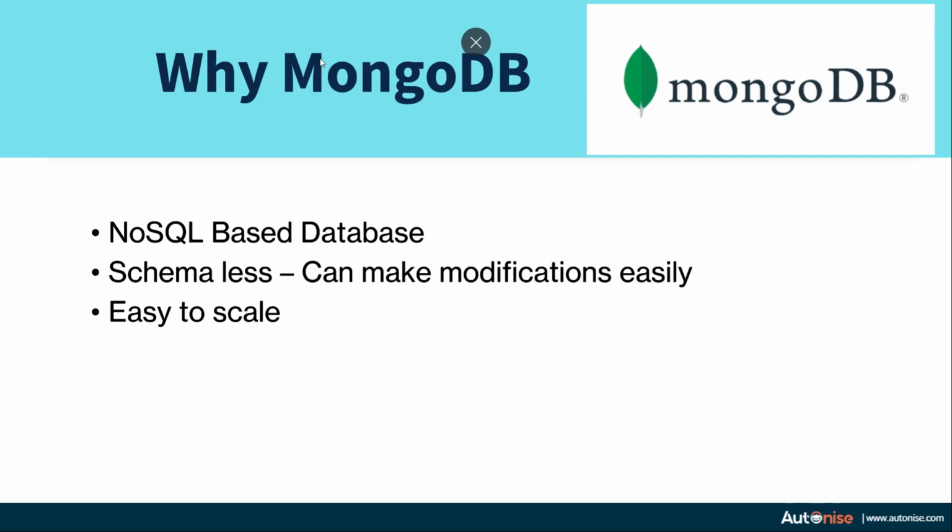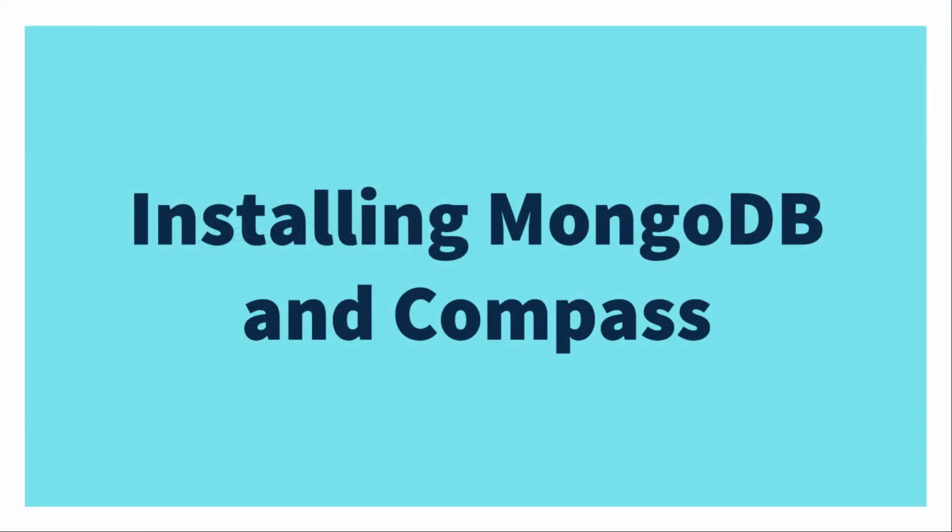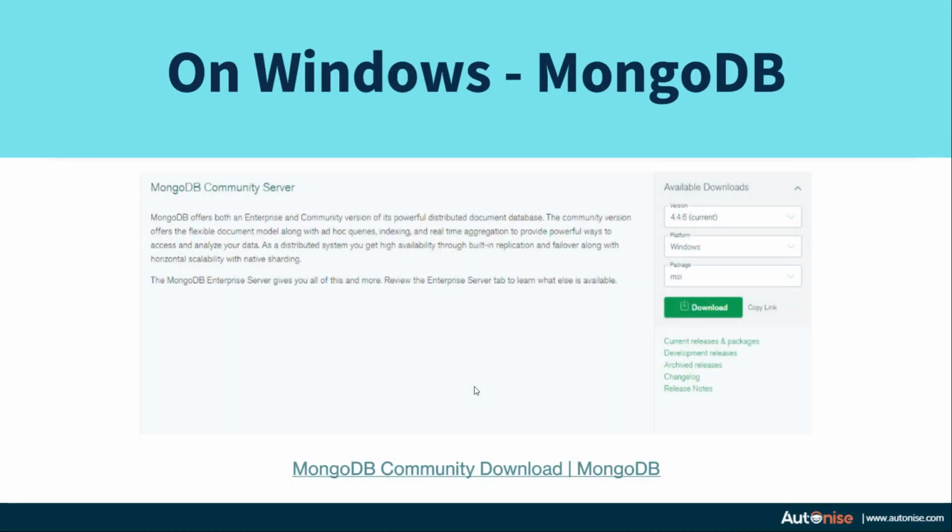So now that we know the advantages of why we should learn MongoDB, let's start with installing MongoDB and a MongoDB database visualization tool named Compass. On Windows, if you want to install MongoDB, you can Google download MongoDB, go on the following link, and then choose the platform as Windows and package as MSI.